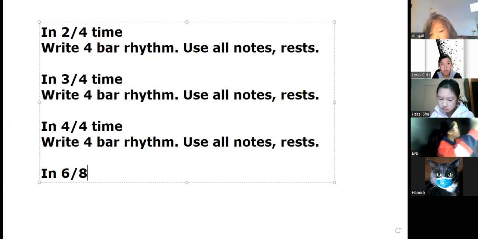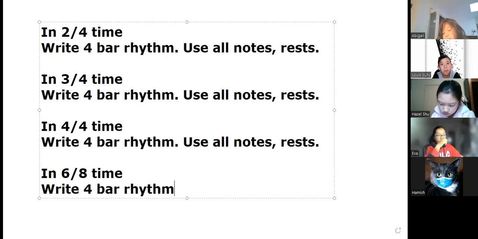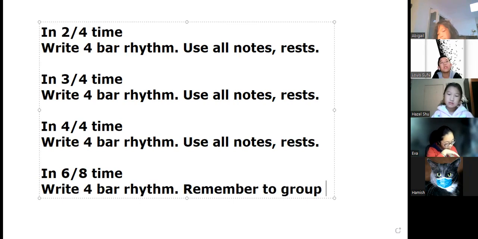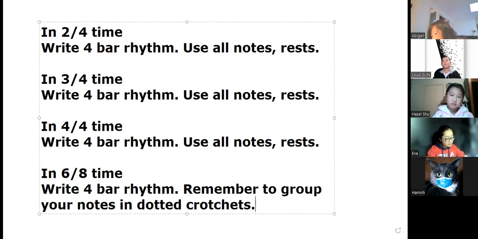In 6/8 time, write a 4-bar rhythm. Remember to group your notes in dotted crotchets. You can just use normal paper, because I'm looking at the rhythm, not the pitch of the notes.